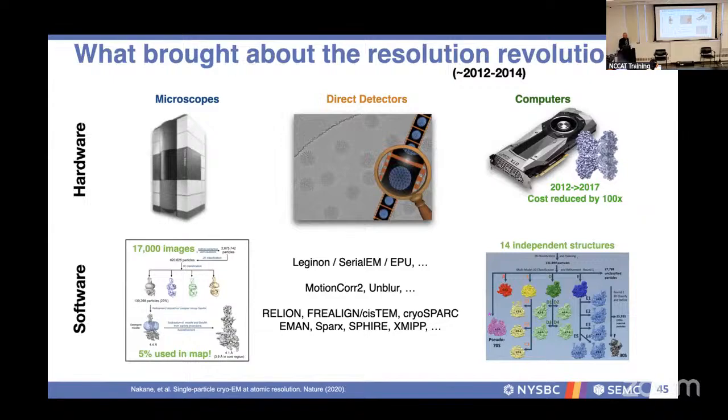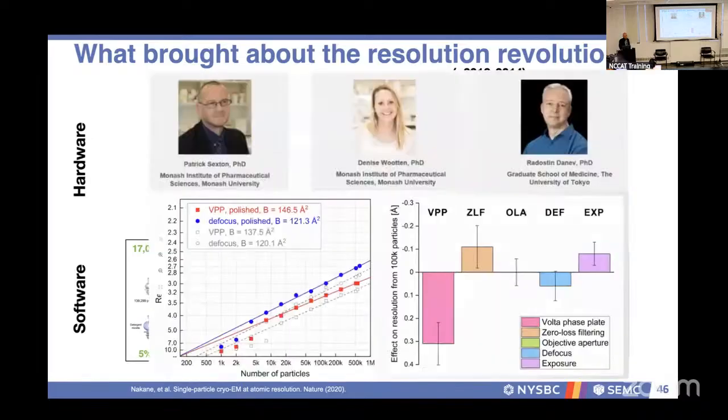Okay. So in terms of the resolution revolution, I just gave you a high-level overview that we had a lot of hardware developments, but we also had a lot of software developments to push our resolution forward. And we can have more of a discussion a little bit later, but a particular microscope, just like a light microscope, is highly configurable.